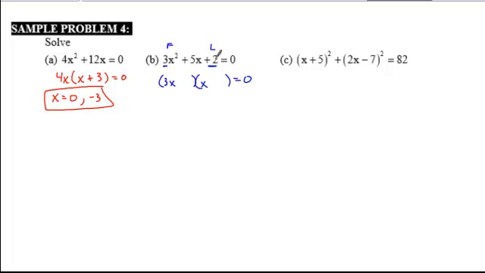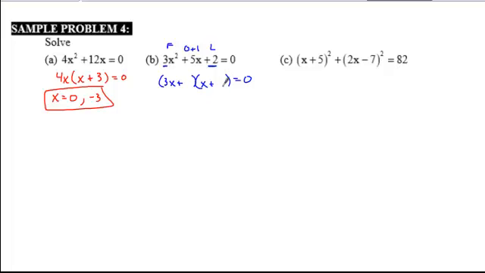You know that the signs are going to be the same because it's a positive. The outer and inner products have to add up to +5x. So you know that that sign has to be a plus. And so the only two factors of 2 are +1 and +2. So there's either a 1 here and a 2 here, or a 2 here and a 1 here. So we only need to test 2 different combinations for trial and error.